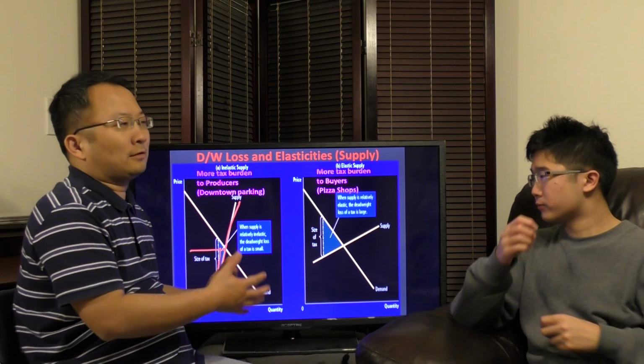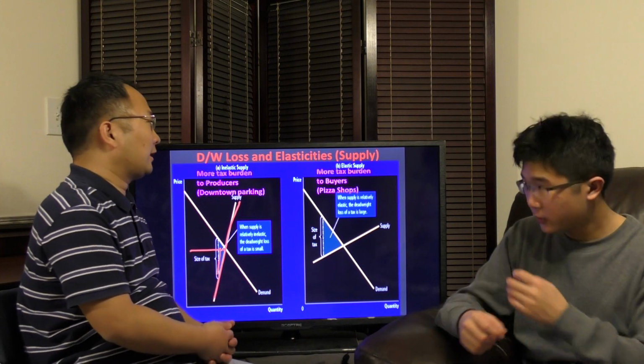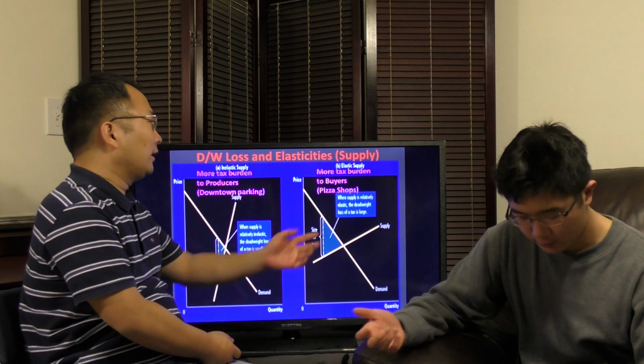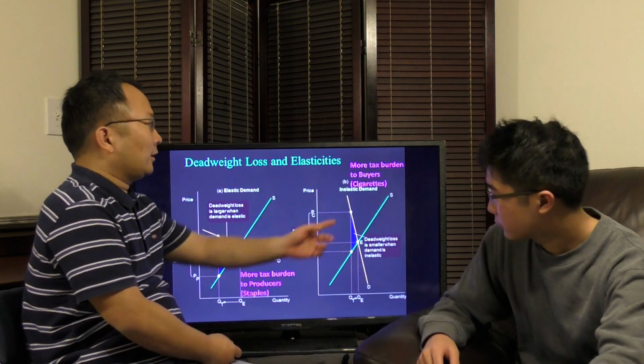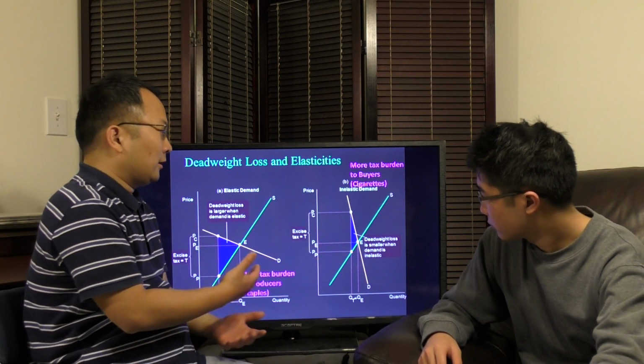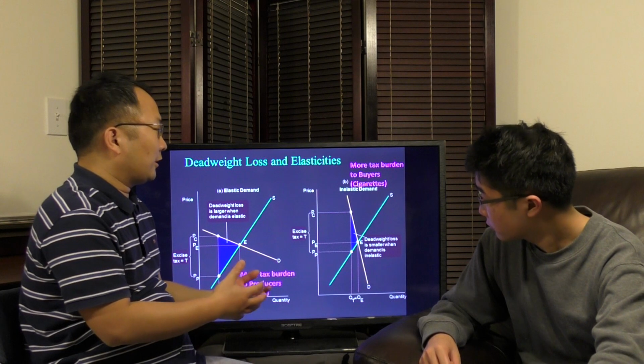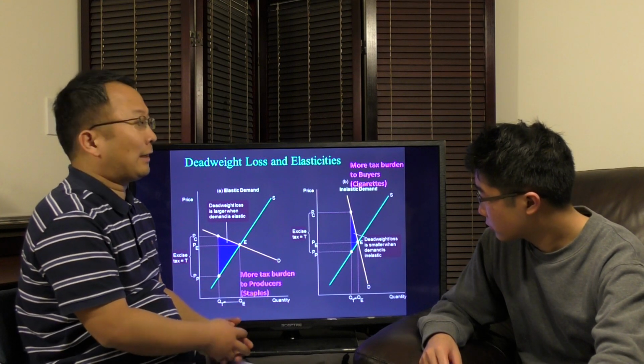When we look at it intuitively, it's very easy to understand. If we go back to the previous slide, we can see the cigarette example. When the excise tax increased, cigarette smokers are so addicted that they must buy it.